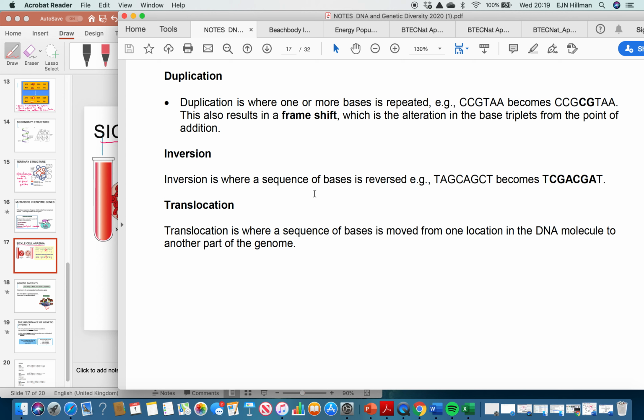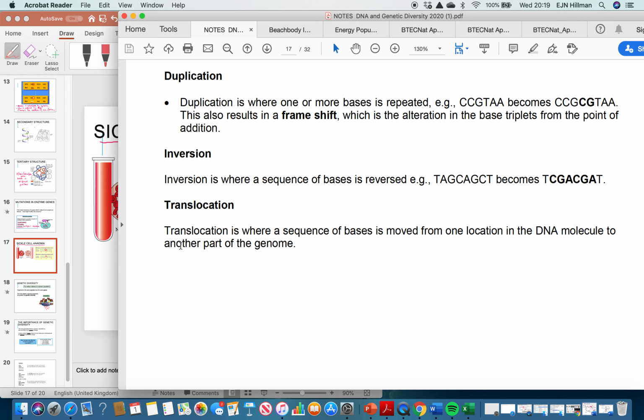An inversion is where the sequence of bases gets reversed. So flipped backwards. That's going to change the amino acids that are coded for at that point of inversion, which I guess, depending on the length of that inversion, will dictate how functional that protein is.